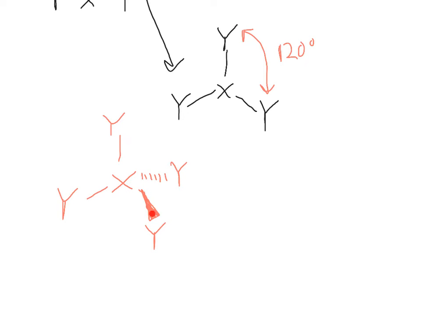A wedge means that this bond is coming up at your eye. So wedges mean that bond is coming up or out of the screen or paper. The dash is going down into the paper or the screen. So the wedge is coming out, the dash is going back.